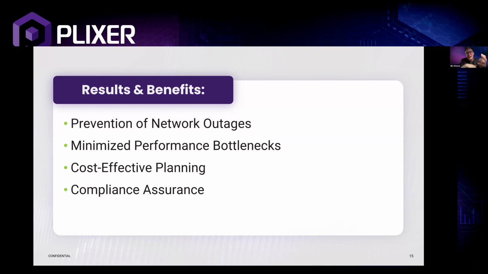Really, it comes down to that they were successfully able to prevent potential network outages, right, by scaling their resources before performance bottlenecks could even impact operations. Yeah. So again, just getting ahead of it. The whole banner of this talk in the first place is real-time action, moving the detection of the problem to the instant it occurs versus when it's felt.